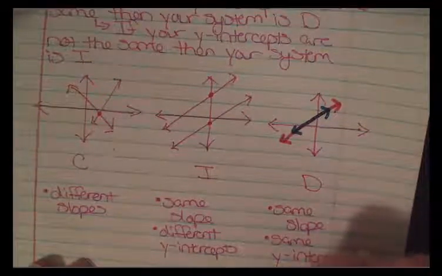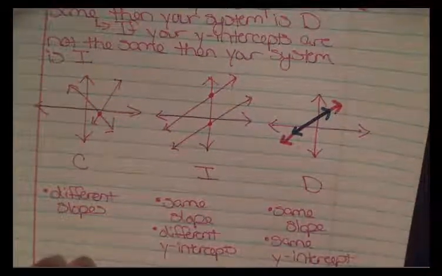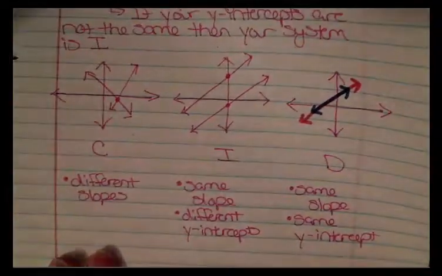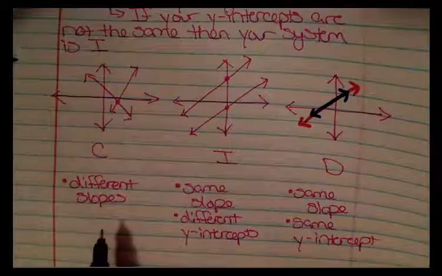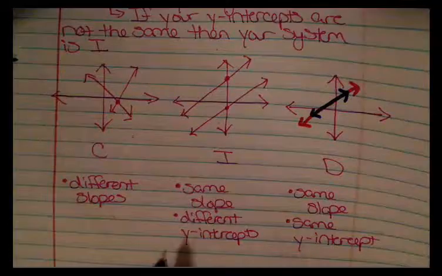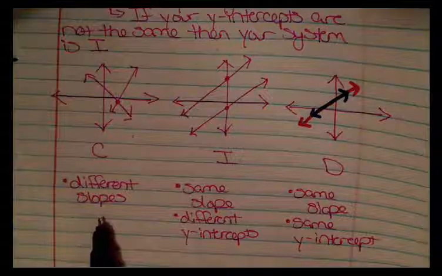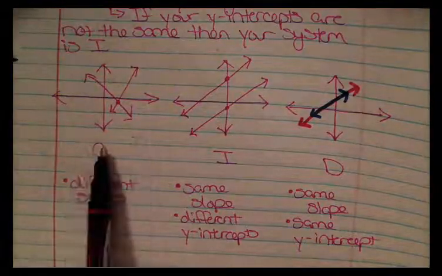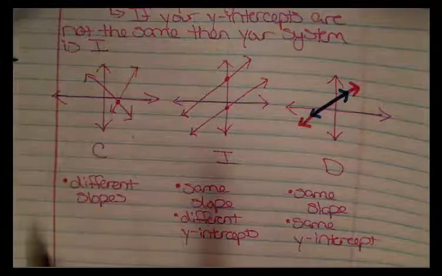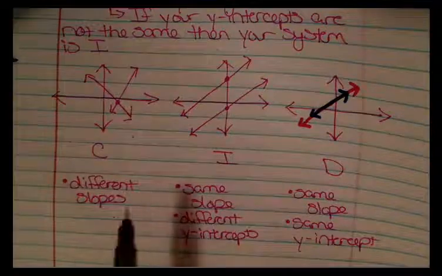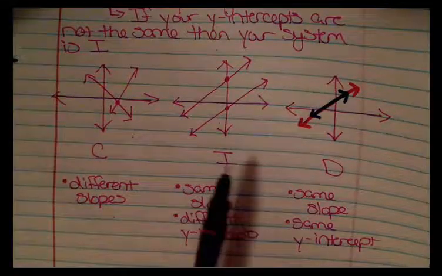So when you're looking at a system of equations, you have to find the slopes, and eventually you might have to find the y-intercepts. If you find the slopes of your system and they are different, you know it's going to be a consistent system. If you find the slope and it's the same, you know it's going to be either inconsistent or dependent. So then you have to look at your y-intercepts.